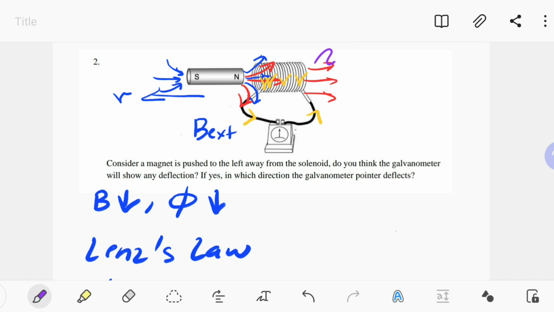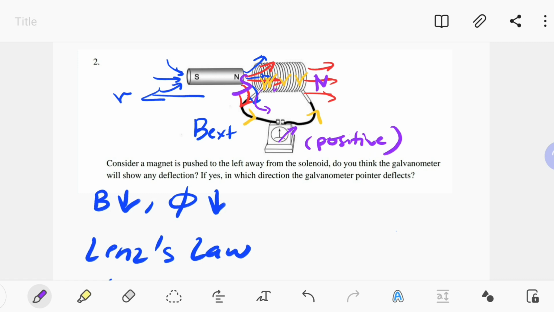When the magnetic field is going outward like this, the solenoid automatically has this side as north and this side as south. So when the current flows from here to here, the galvanometer pointer will go to the right. When the galvanometer pointer deflects to the right, it is positive.